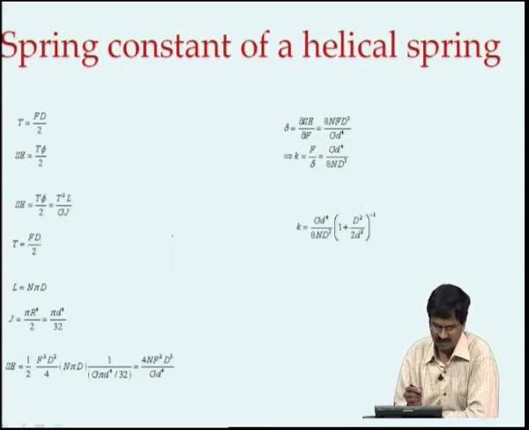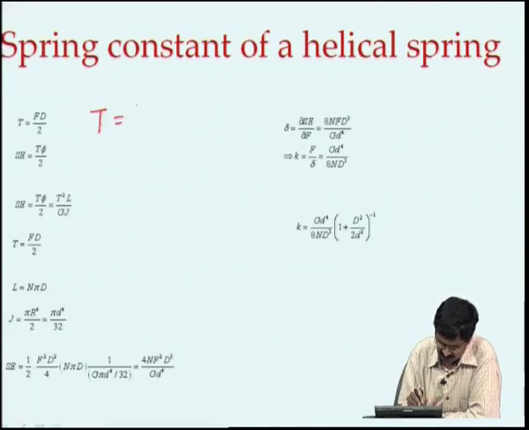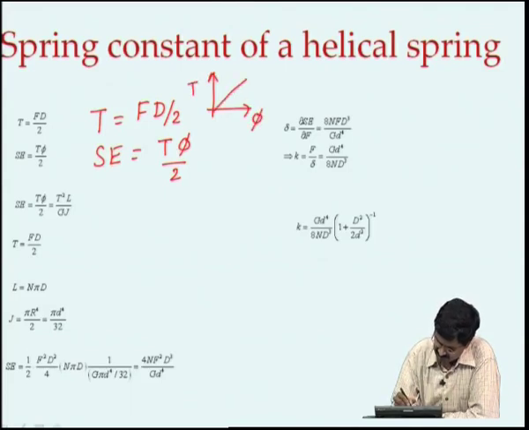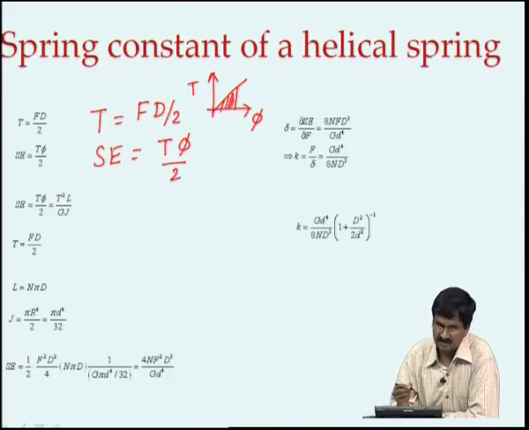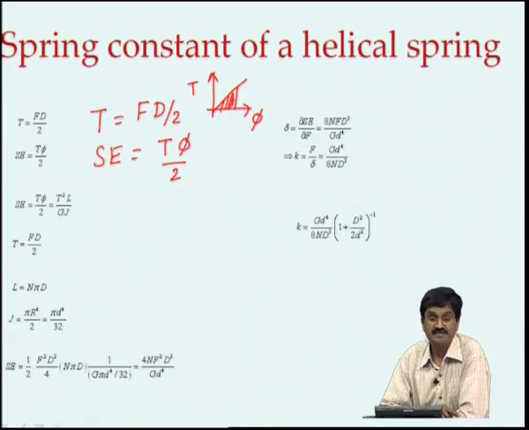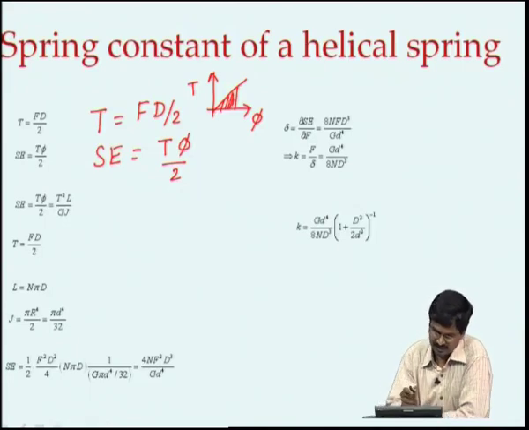First, we have this torque equal to F d by 2, and the strain energy is the area under the torque and the twist diagram. If I were to plot the torque here and twist here, the area under this is the strain energy, just as for a spring, half k x square, where half k x is the force and x is displacement. So, torque multiplied by twist has units of energy, that is the strain energy.